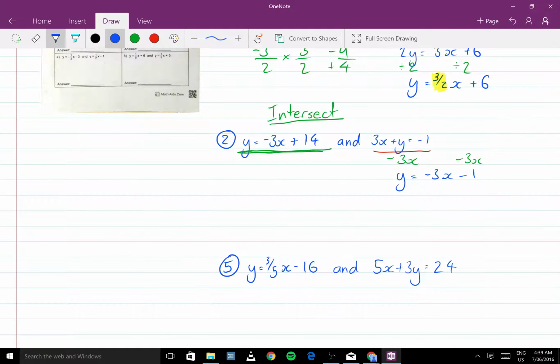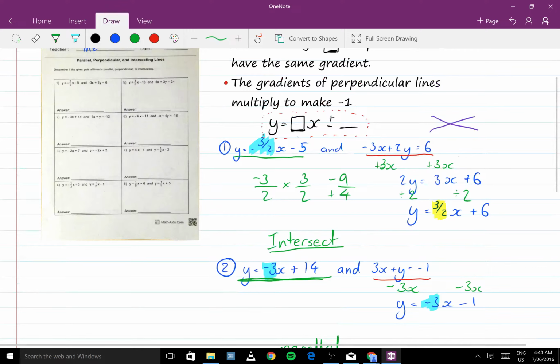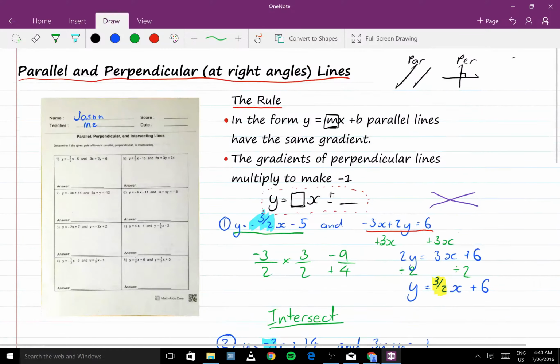Okay, and now I can see that minus 3x over here is the same as minus 3x over here. So those two are going to be parallel. And that's my answer. They're parallel because they've got the same gradient. And when I draw them, they should look like that. Like my parallel lines.